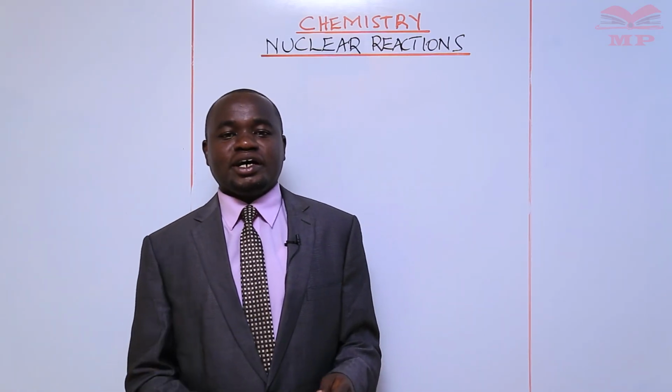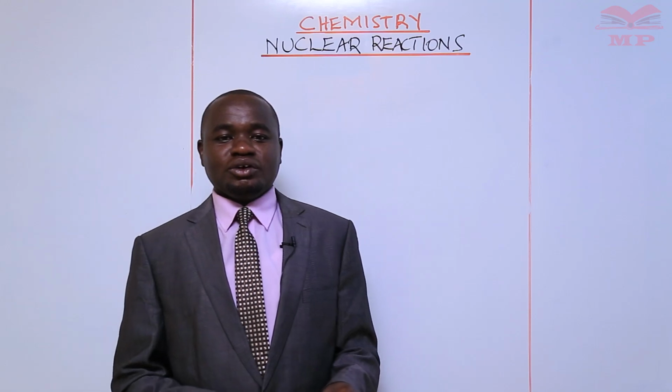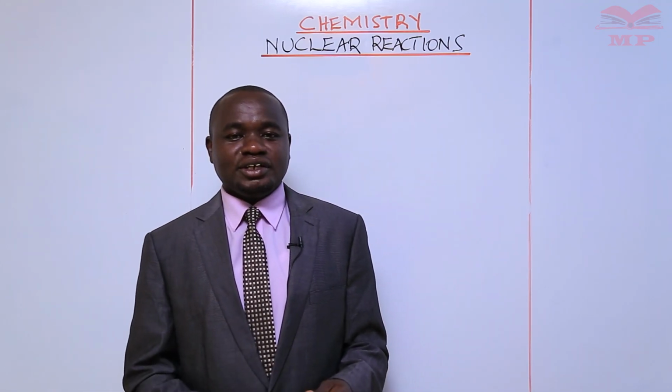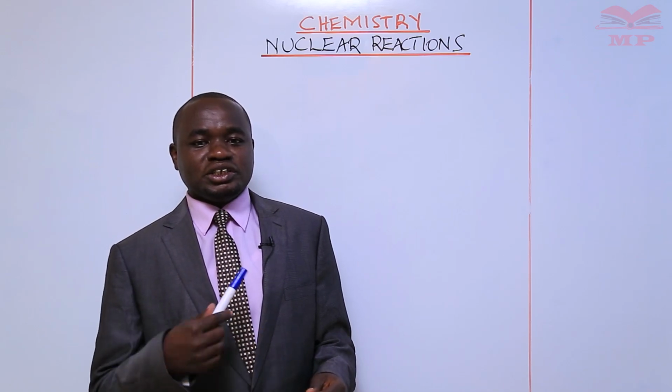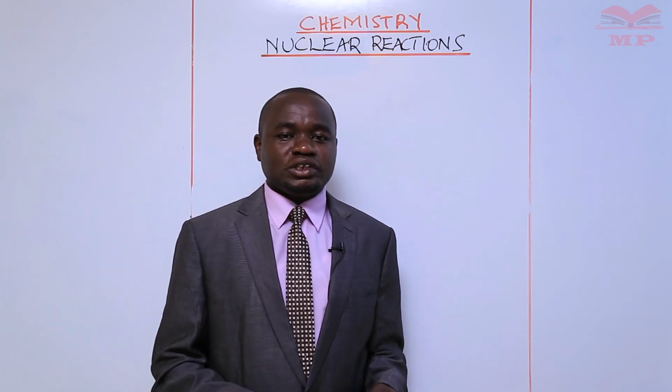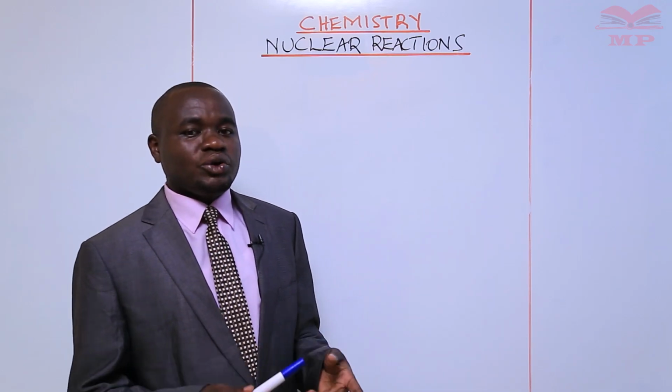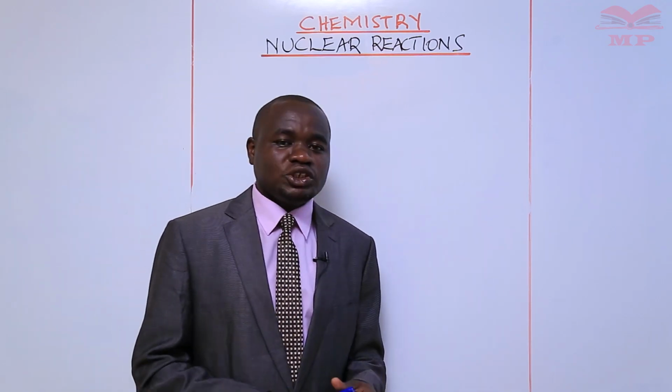Remember, in the earlier lesson, we were able to see that when a particle is undergoing radioactivity, it emits three types of radiations, namely alpha, beta, and gamma rays. So we were able to see the properties of each of those particles.